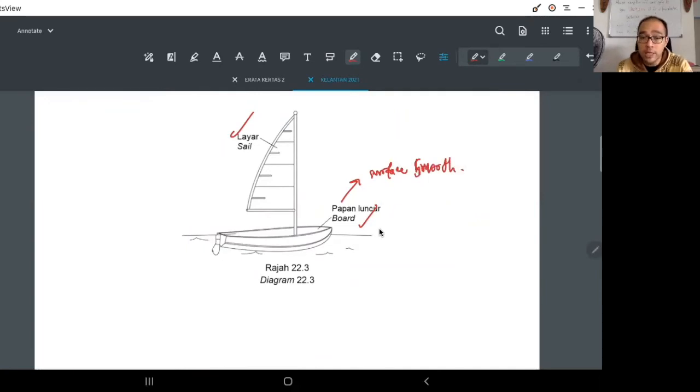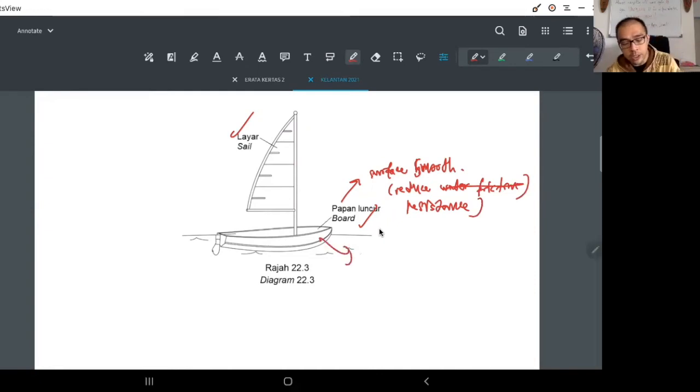Okay, because when you have a smooth board surface, then you will reduce water friction or resistance lah. Yeah, water resistance. Okay, you have a smooth surface, and then the one thing that I mentioned just now, remember, streamline. The shape of the boat or the board must be streamlined, like a surfboard.